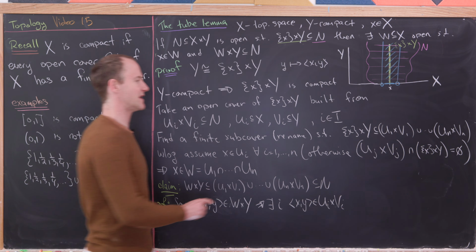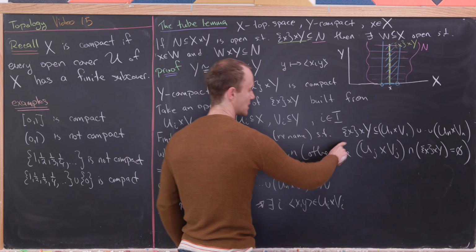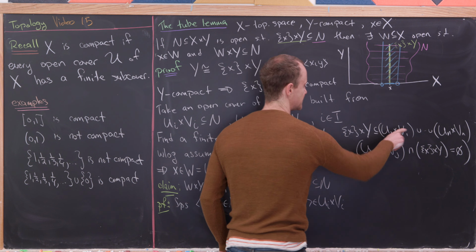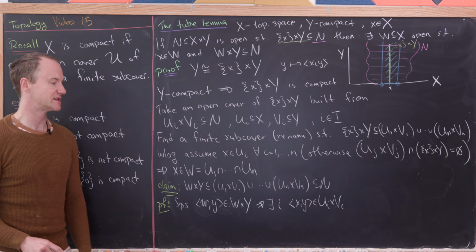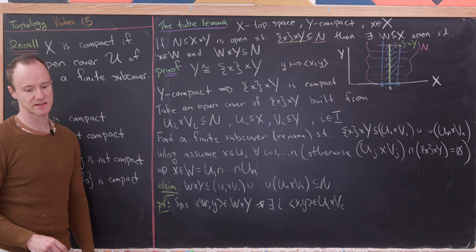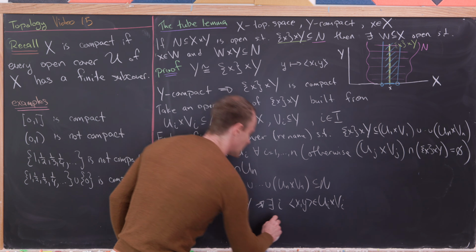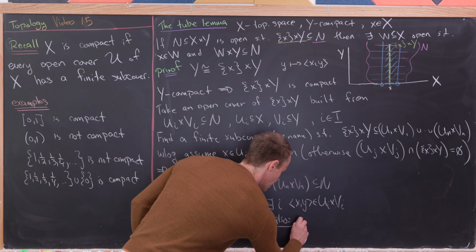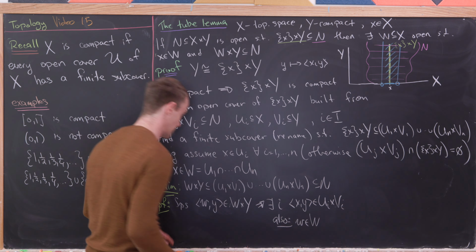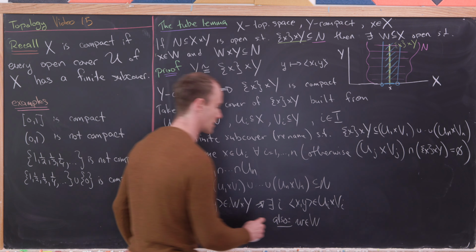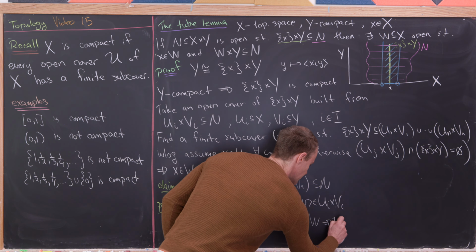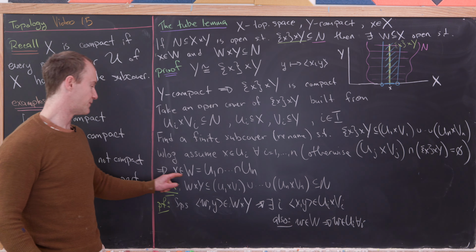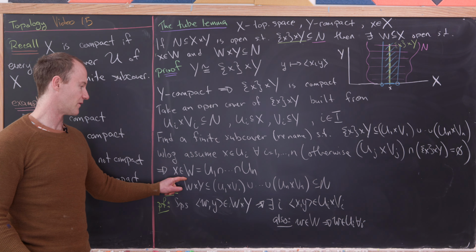We know that's true by this step right here. So (x, y) comes from this, which is a subset of this union, so there's one of the pieces of that union that contains our (x, y). And then let's also note that our w is inside of W, which means that w is inside of U_i for all i, just based off of how we found this W right here.